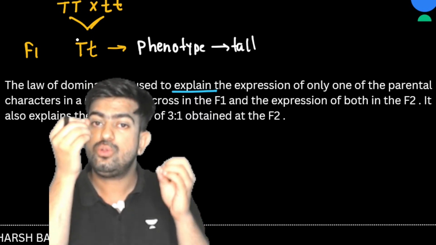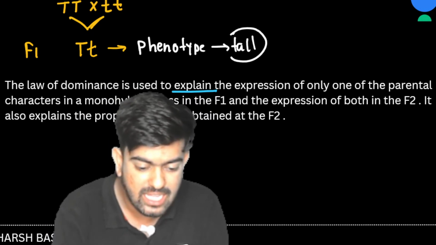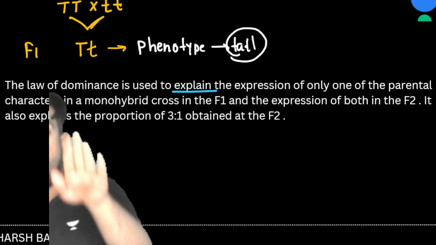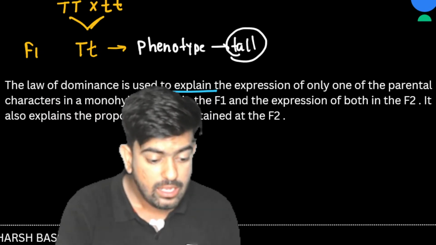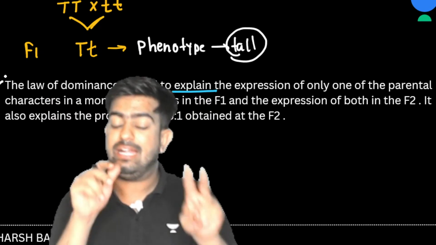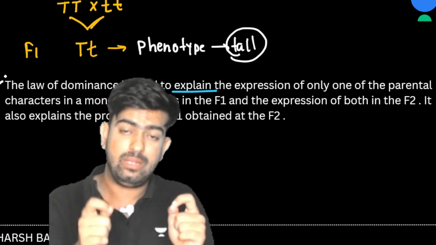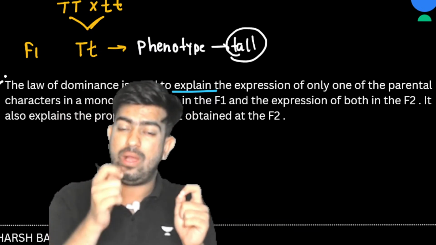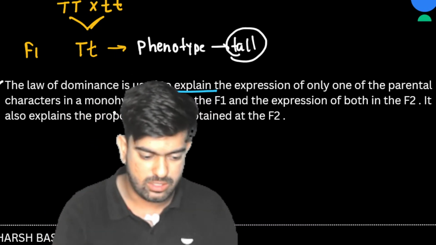Yes, sir. So the character which is expressed here is tall. Can I say that tall was the dominant character here? Yes or no? Yes. So the law of dominance said that among two traits, one will be dominant, and that will be the one whose phenotype is expressed, right?